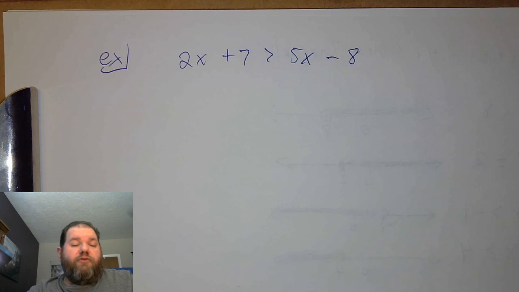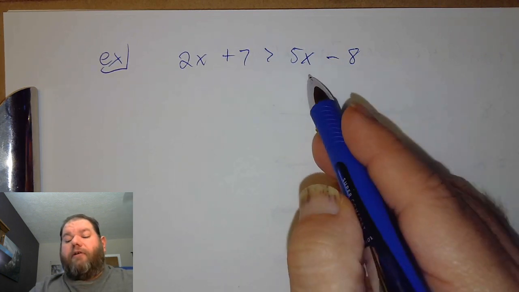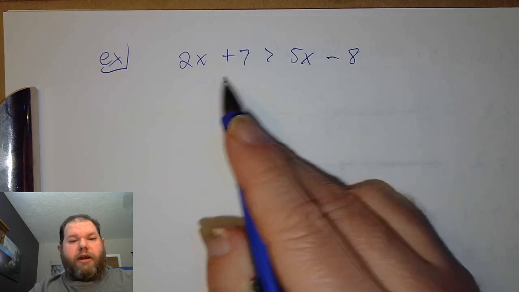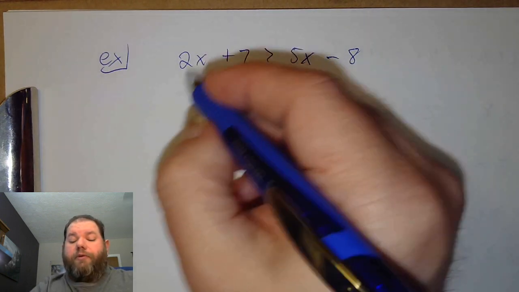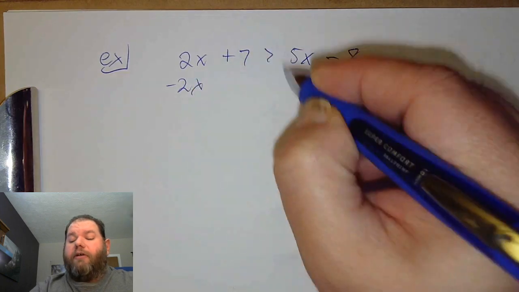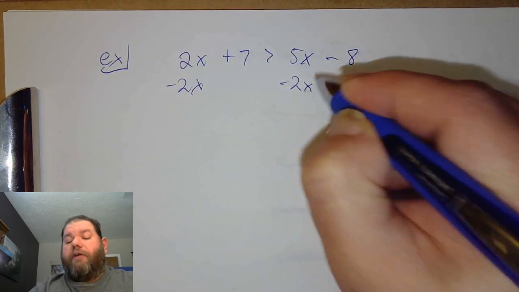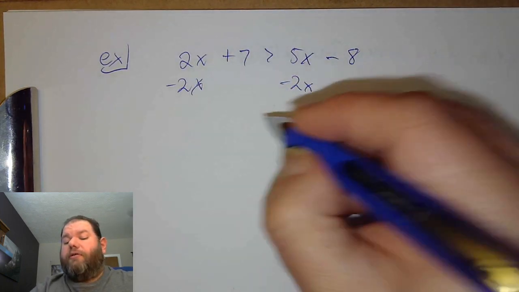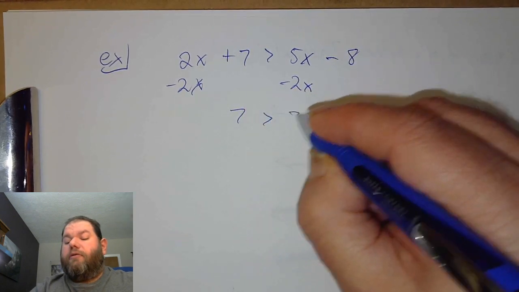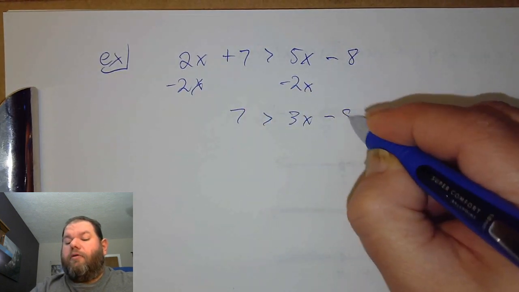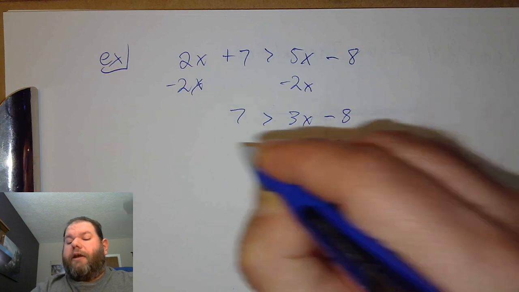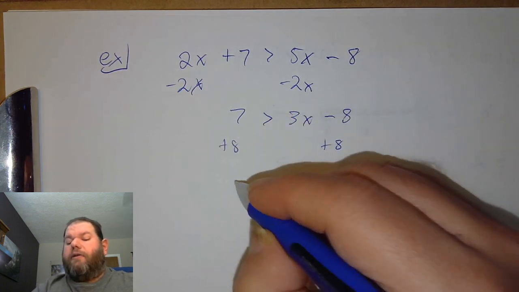We can solve for the x on the right-hand side, but we do have to pay careful attention to how we write our solution. Let me show you an example here. Let's solve for where x is on the right. So we would have to subtract our 2x. Now we get all of our x's to the right-hand side of the equation. And we'll go ahead and add the 8 over after that.